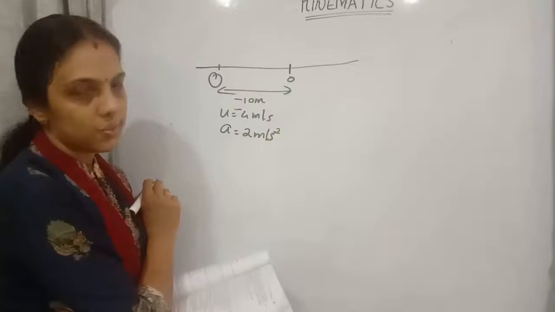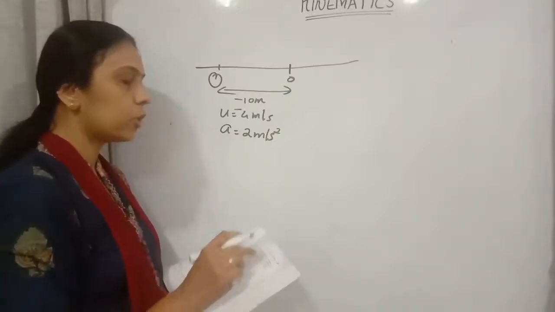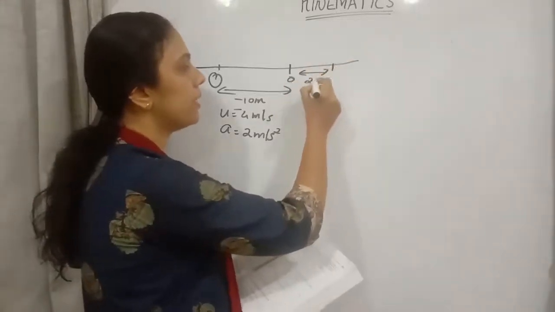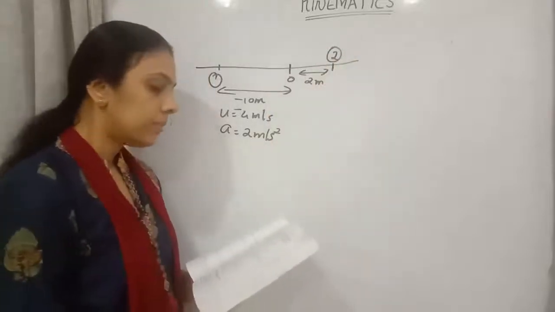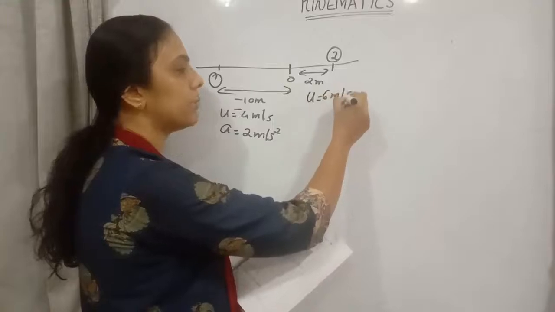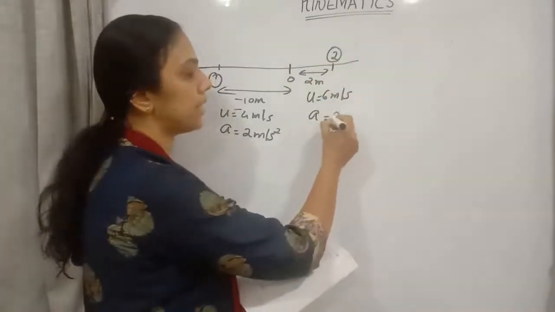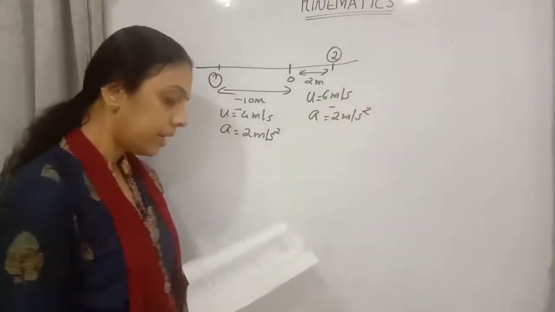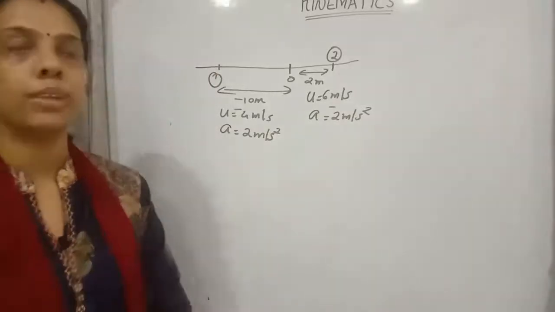Now, particle 2 starts from x equals plus 2 meter. So this is 2 meter, the position of particle 2, with velocity 6 meter per second in the positive direction, and acceleration 2 meter per second square in the negative direction. Okay, let's find the time when they collide. This is what we should find out.